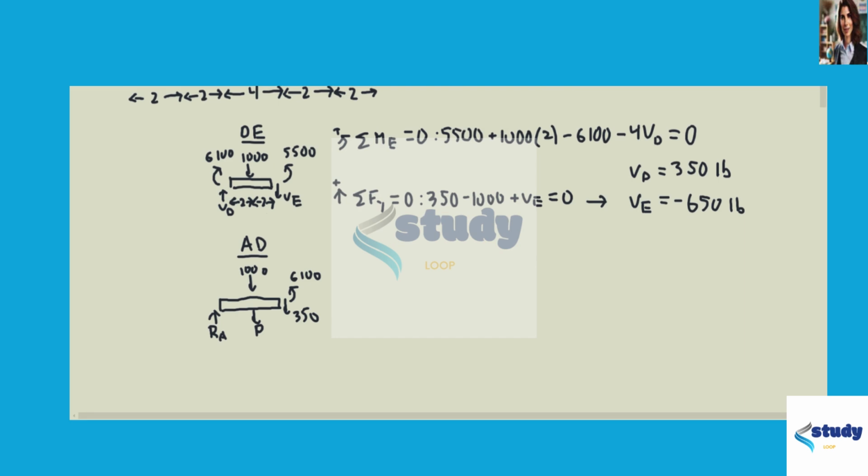All right, so for segment AD, we'll sum the moments and set to 0 about point A. And we're going to have a 6,100. We'll have our 350 from shear at D. We'll have 1,000 from the resultant, an arm of 2, and we'll have minus 2P.